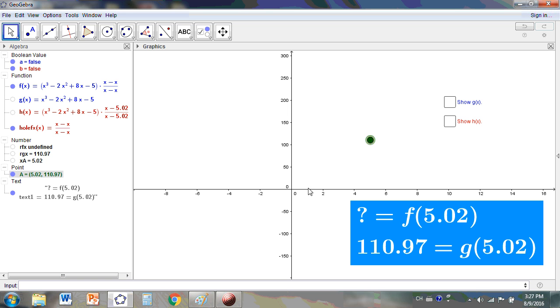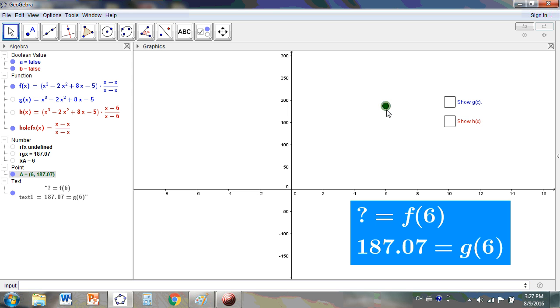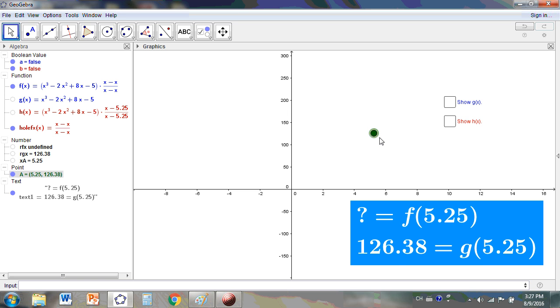What's happening here is that using their dumb approach, you can actually introduce holes everywhere in a particular function, simply by multiplying by x minus x over x minus x.